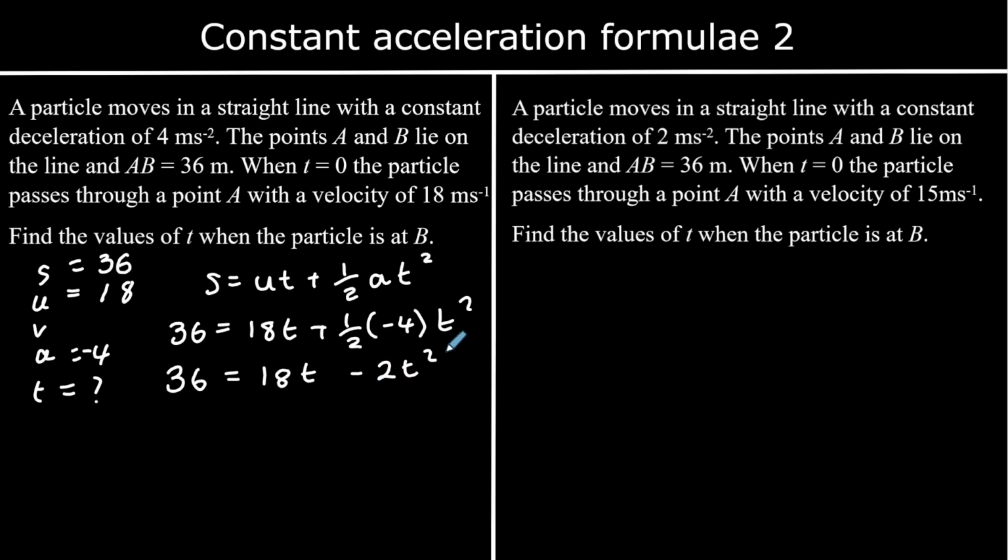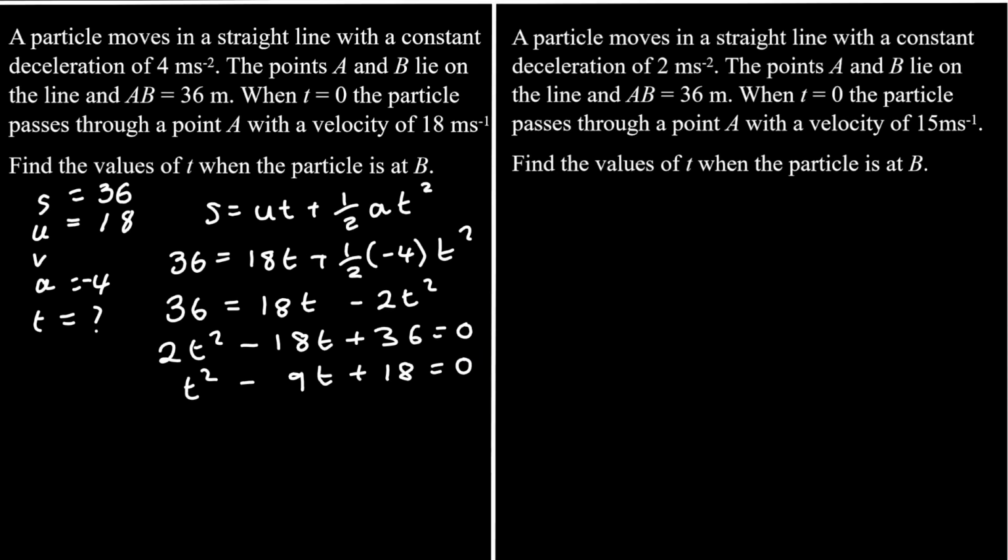Let's move everything to the left and halve it, one at a time. So 2t squared minus 18t plus 36 equals 0. So t squared minus 9t plus 18 equals 0. And we can factorize this one.